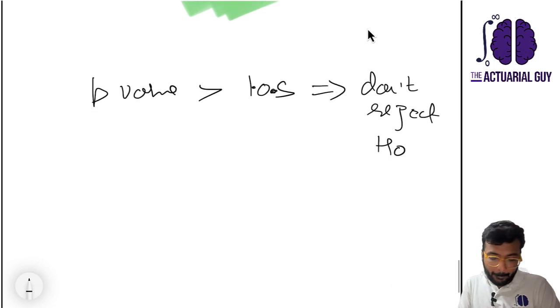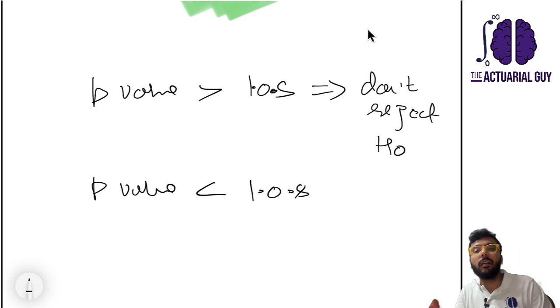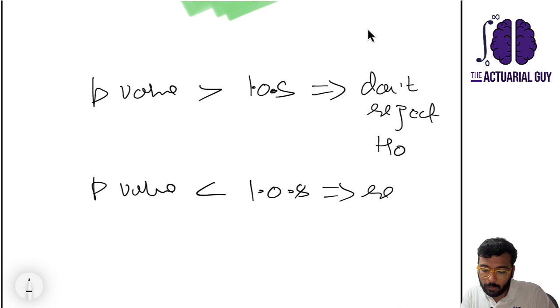If the p-value is less than the level of significance, it is not meeting the minimum threshold that we need. It is so unlikely that it's not acceptable to us, so such a sample cannot come, and thus we reject H naught.